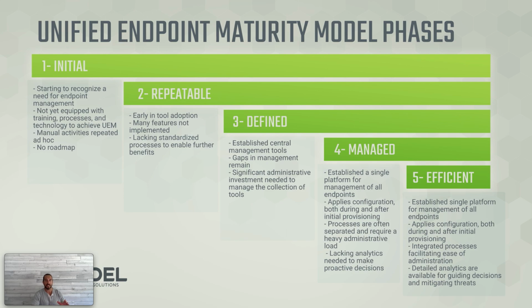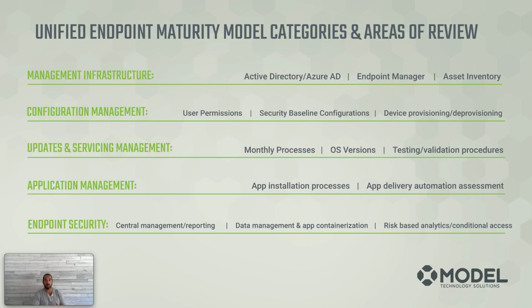So now we'll take a look at those phases and how they overlap onto categories for device management. So we've defined 5 device management categories, including management infrastructure, configuration management, updates and servicing, application management, and endpoint security. Now each one of those topics themselves have a lot of different pieces to the puzzle underneath of it.